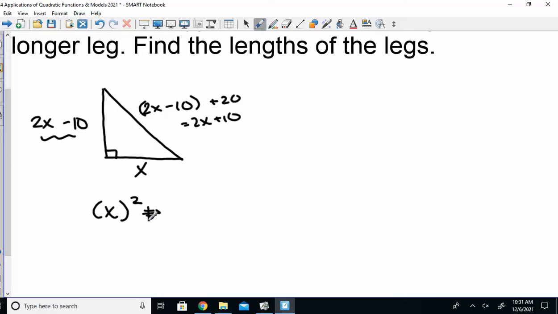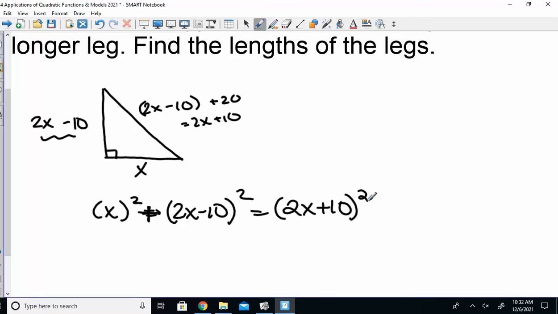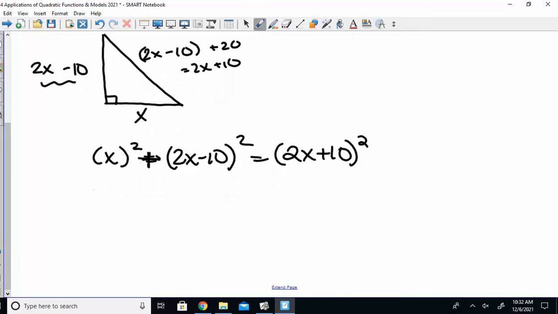So it would be x squared plus 2x minus 10 squared equals 2x plus 10 squared. What do I do?